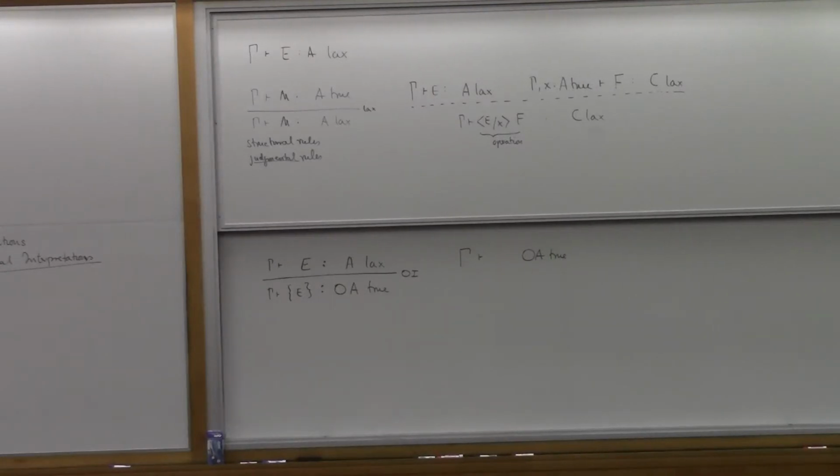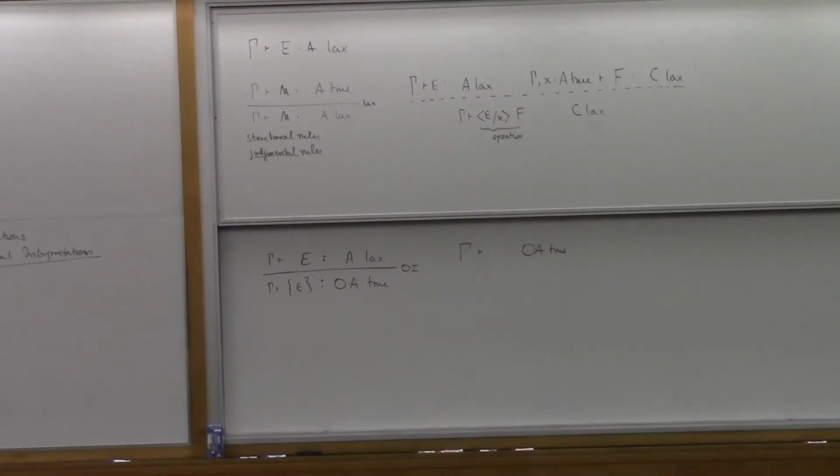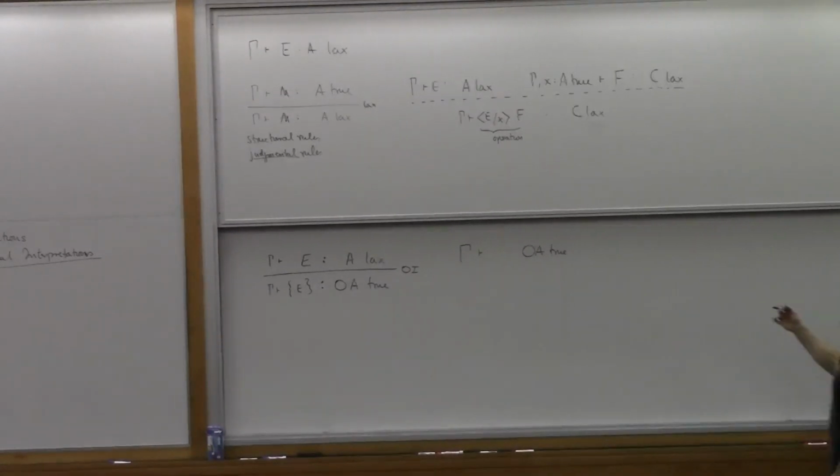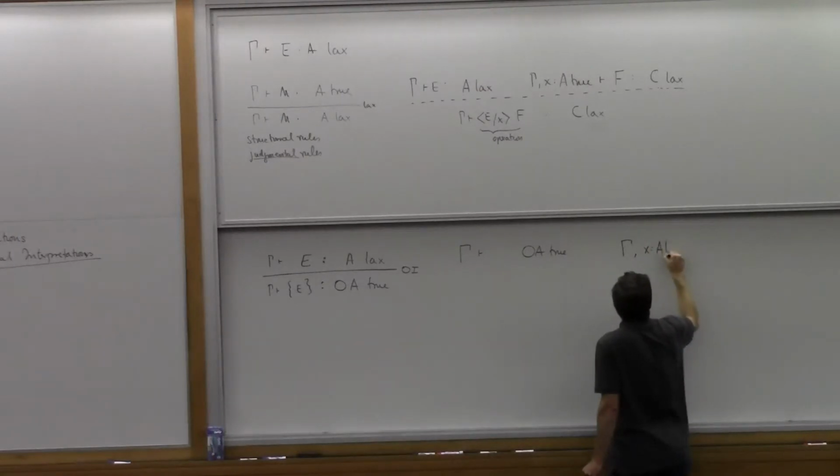Any ideas? Yeah, back there. The cut operation above, the substitution, yeah. Where we can conclude circle B is true if we assume A is true, and prove B lax.